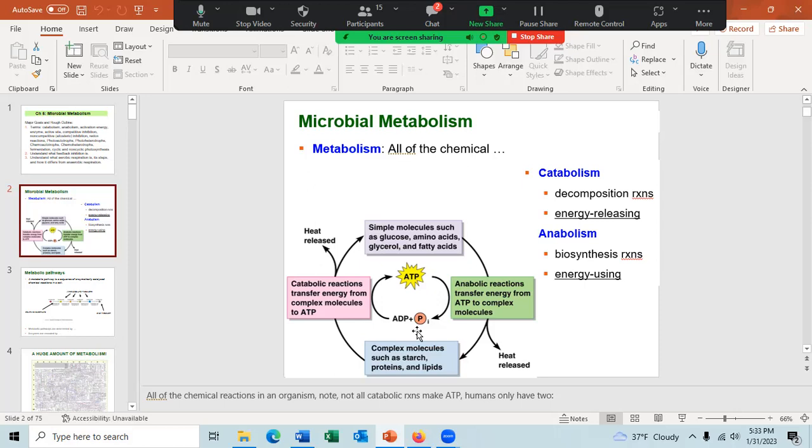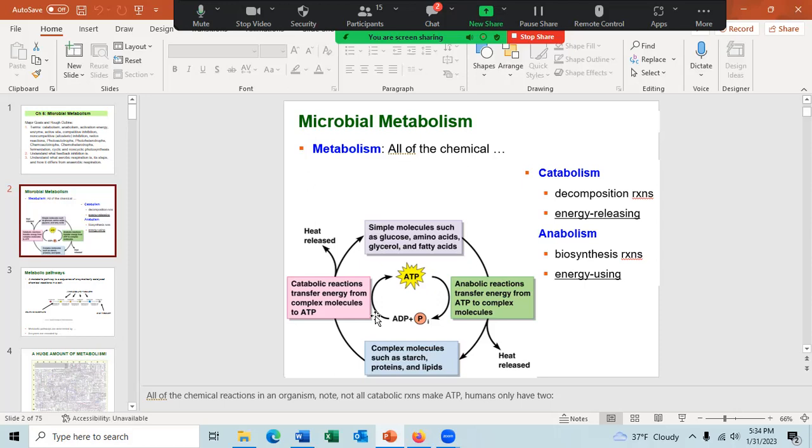Any question about that? So the slide is a little oversimplified. And like I said, there's only two chemical reactions in animal cells that make ATP. All of the other catabolic reactions, like, I don't know, removing an amino acid from a protein, actually even removing one glucose from a starch, an animal cell could not make ATP out of that.